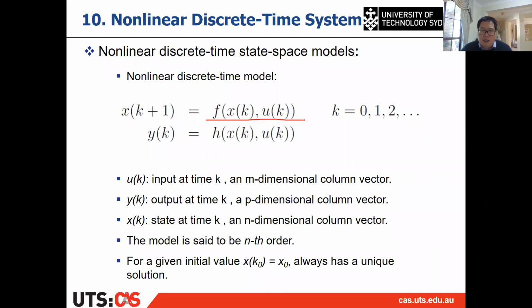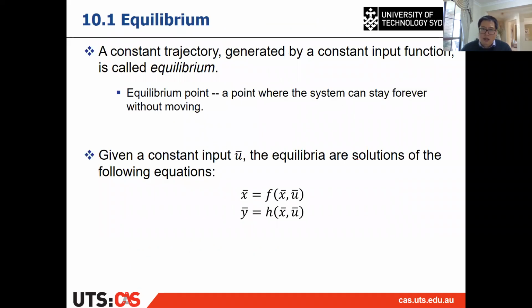Because it is still a function between x_{k+1} and x_k, but the function is not linear anymore. It is f. So for the linear case, x_{k+1} is equal to Ax_k plus Bu_k. But here, x_{k+1} is equal to f, which is a function of x_k and u_k. So that is the nonlinear case.